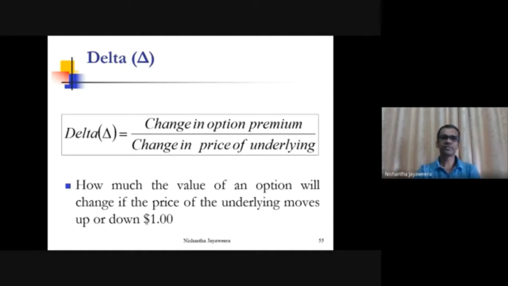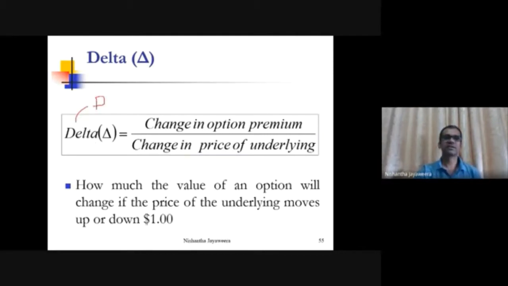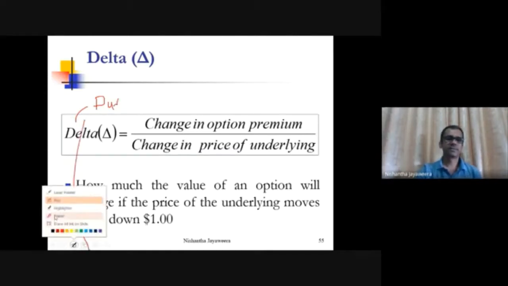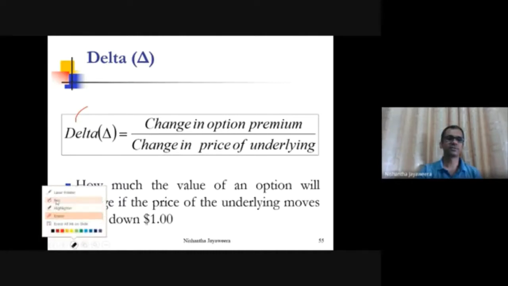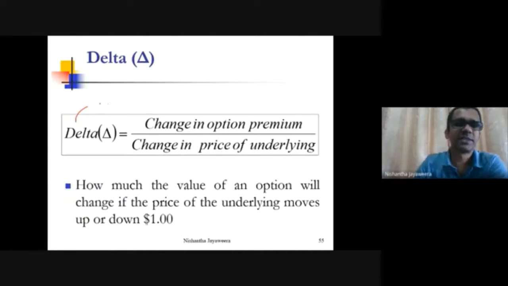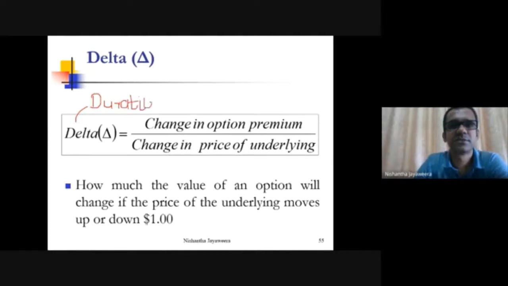So this is the equation to calculate delta, that sensitivity. Can you give me an example of some other measure that we discussed like this? It is equivalent to duration in bonds.